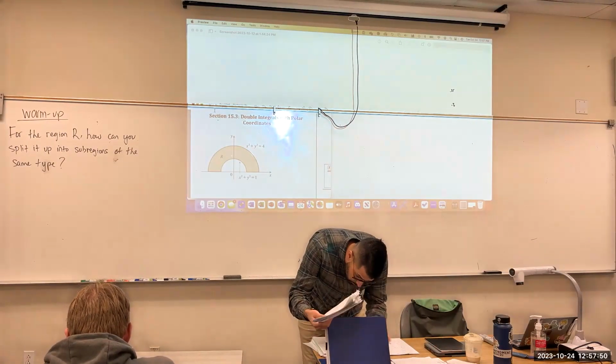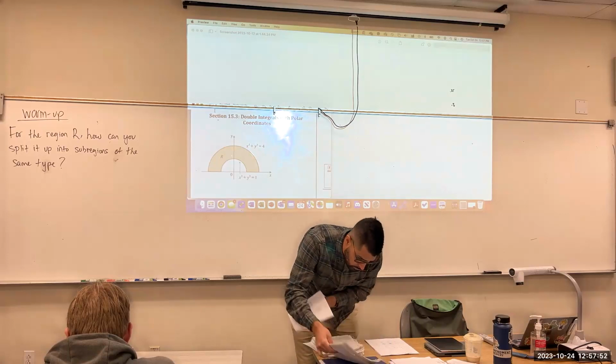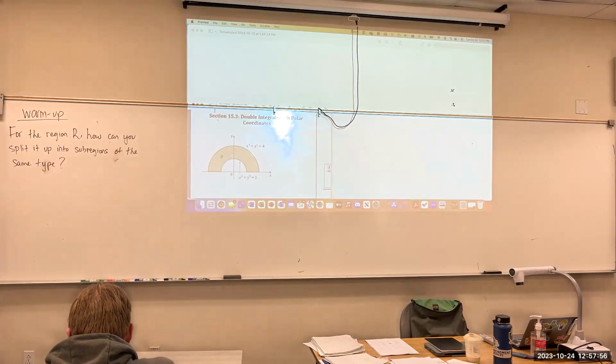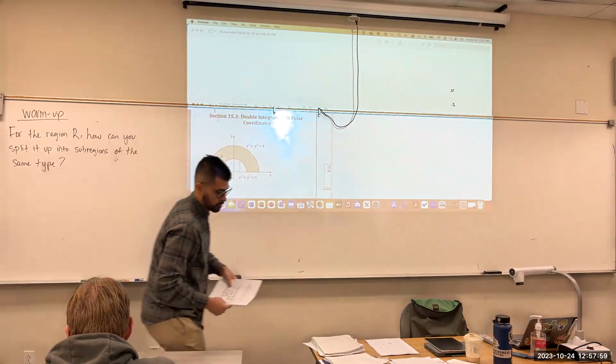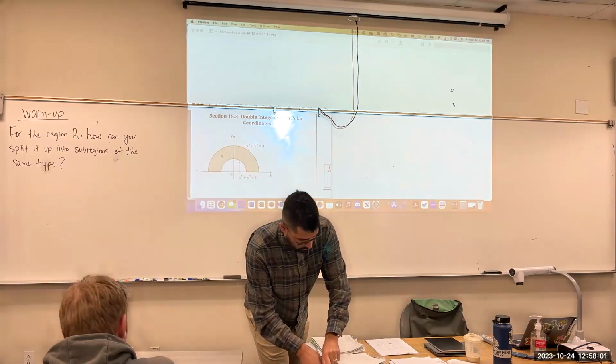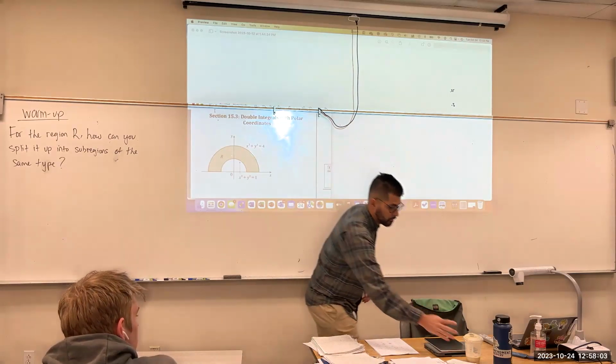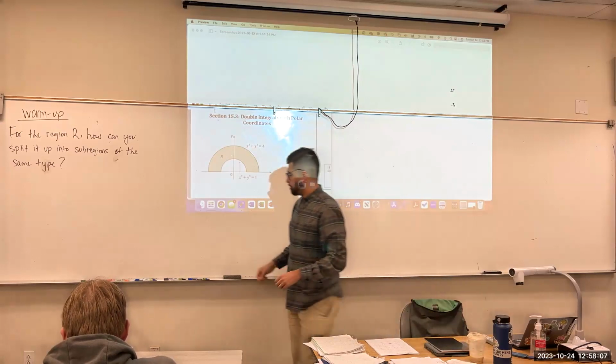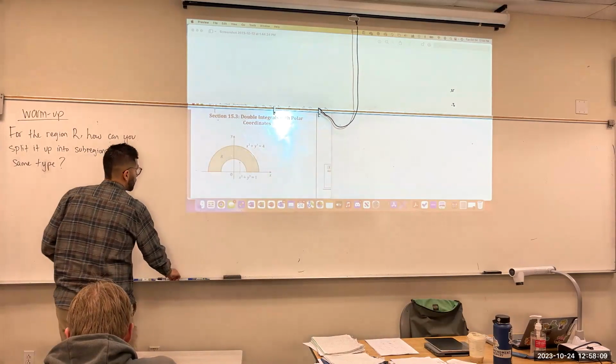Yeah, but you're still missing a piece. So you have the left piece that's bounded by the x-axis.